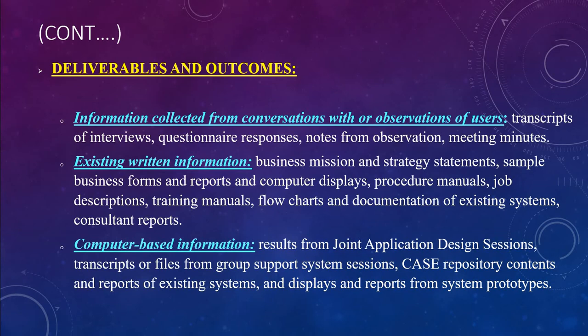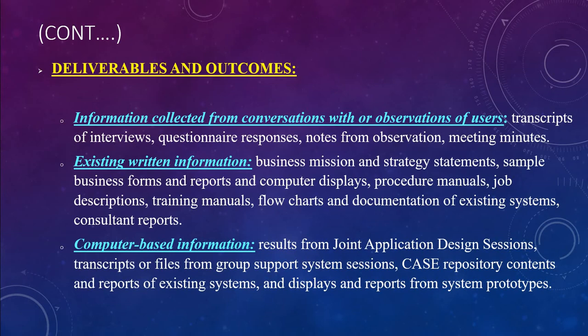Next, we have existing written information such as the business mission and strategy statements, like I've mentioned before, the organizational manual, the procedures manuals or job descriptions, training manuals, flow charts, and documentation of the existing systems, or consultant reports, such as annual reports of previous years.